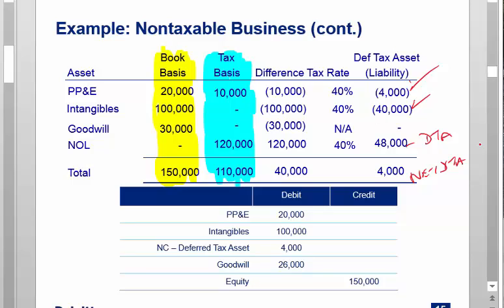Okay? And so in a situation like this, my deferred tax asset net will be a debit here, and my goodwill, this includes the 4K offset.